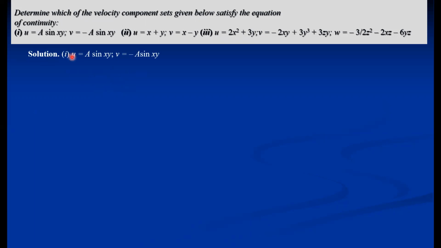So we differentiate u with respect to x and v with respect to y. Differentiating u with respect to x, we get a cos xy, and the derivative of the product xy with respect to x is y. So ∂u/∂x = ay cos xy. Now ∂v/∂y.